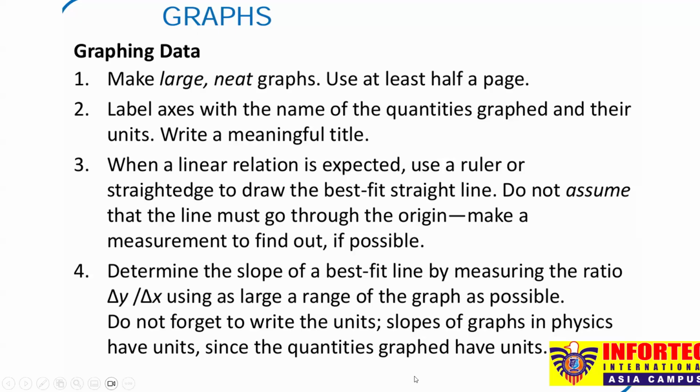Determine the slope of the best fit line by measuring the gradient of the graph, delta y over delta x, the variation of y divided by the variation of x. Then we can find the slope or gradient of the graph. The slope of graphs in physics has units, since the quantities on the graph have units.